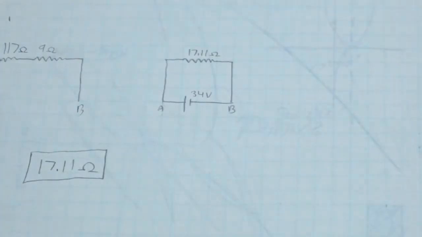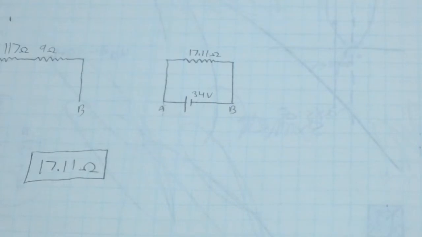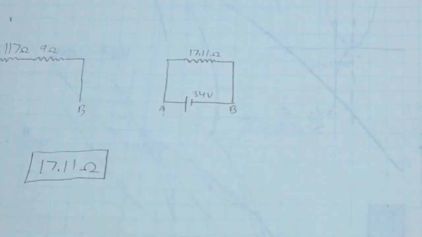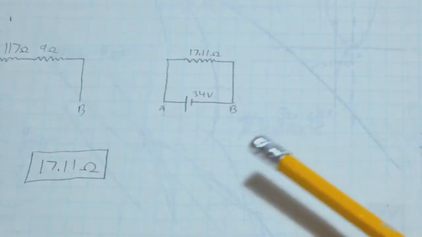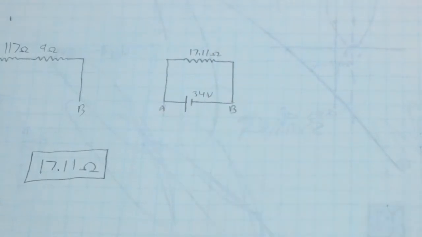For part B, as you can see, I have redrawn the circuit again. It's always a good idea to keep redrawing your circuits so that you know what you're looking at and you don't confuse yourself. So right now, we have one resistor that holds 17.11 ohms, and also between points A and B, we have a 34 volt battery, and we are trying to find the current that's going to go through each resistor.